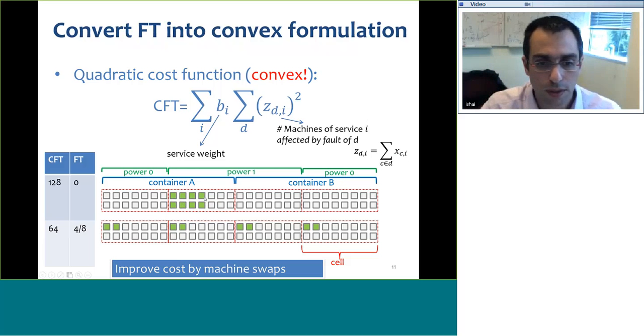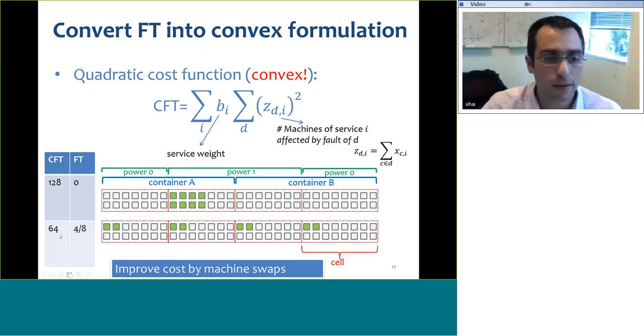Why is it basically 64 plus 64? Because if the switch of container A fails, then we are losing 8 machines, 8 squared, and if power 1 again goes down, then again the effect is on 8 machines, 8 squared. So 2 times 8 squared, 128.